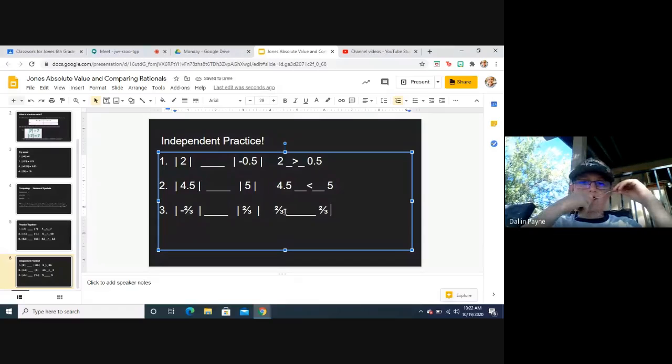Miss Jones, what if on the fraction stuff like that, what if it had two equivalent fractions? Would they still be equal? They would, yeah.